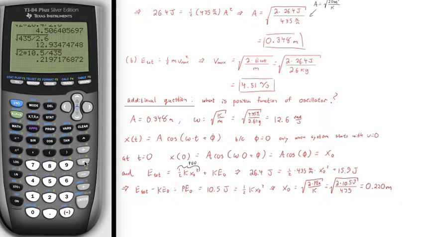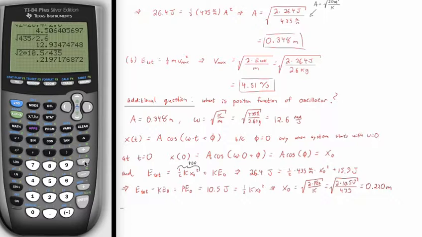Now it's good to compare that to our amplitude, because it better be smaller than our amplitude. And sure enough, 22 centimeters is smaller than 34.8 centimeters. And so that's our initial stretch, our initial extension. So now we can finally solve for our phase angle.